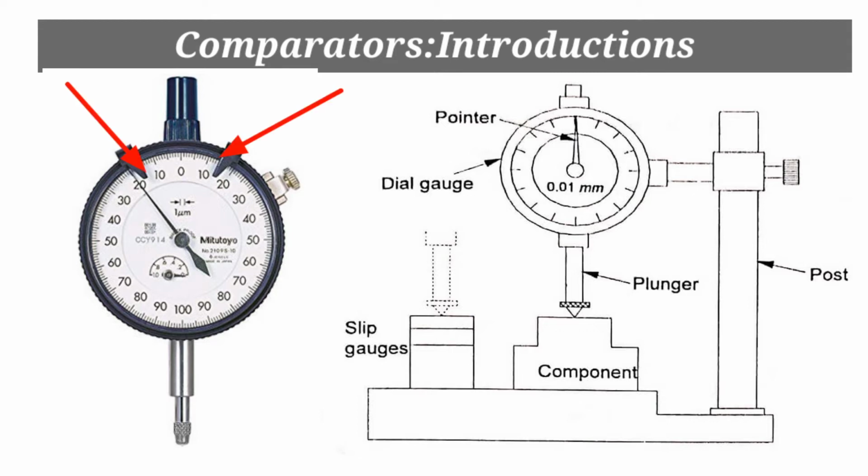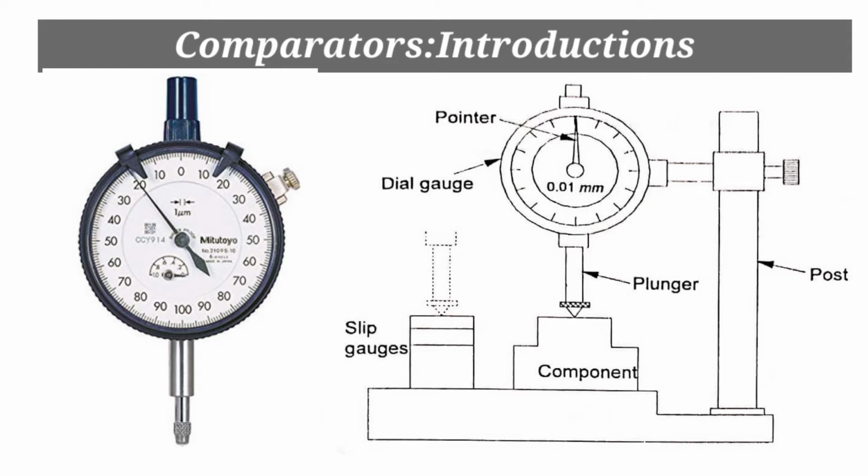Now as the tolerance is given as plus or minus 0.02 mm, the tolerance pointers should be located toward the left, showing the 0.02 mm, as well as toward the right side.